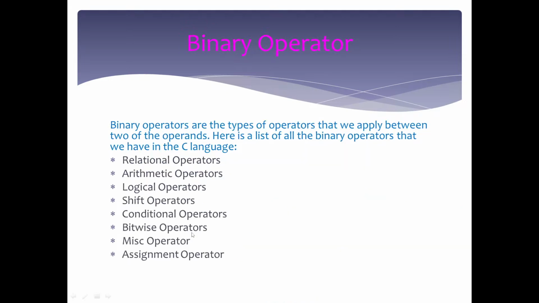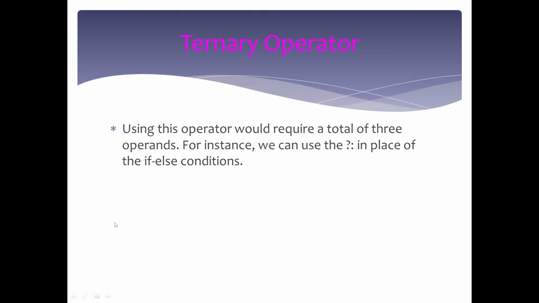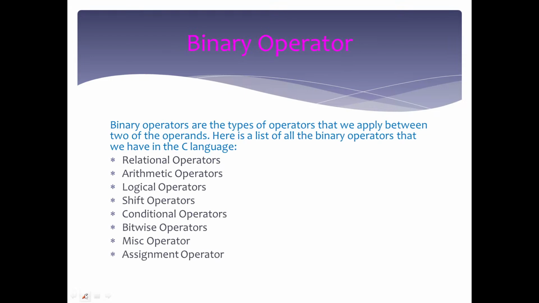Now we will come to the binary operators. Binary operators are the types of operators that we apply between two operands. Here is a list of all the binary operators that we have in the C language.